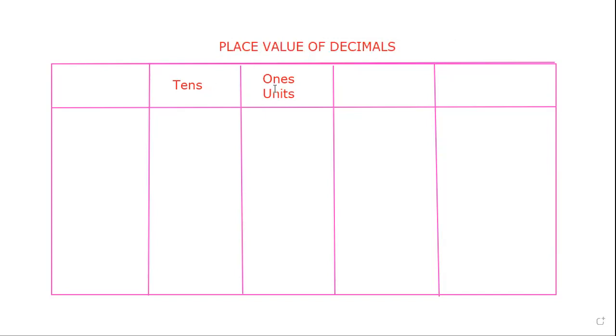So you all have learned already that you have the units house or the ones house, which is right here. When I write a number 2, for example, you know this 2 means 2 ones. Yes or not?